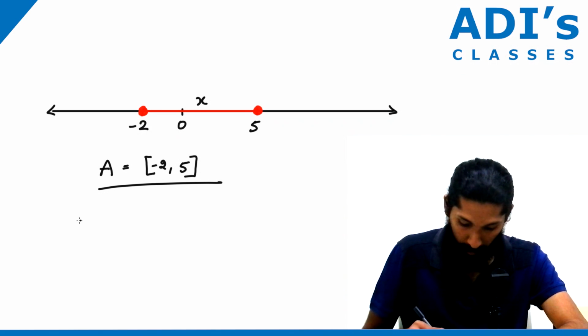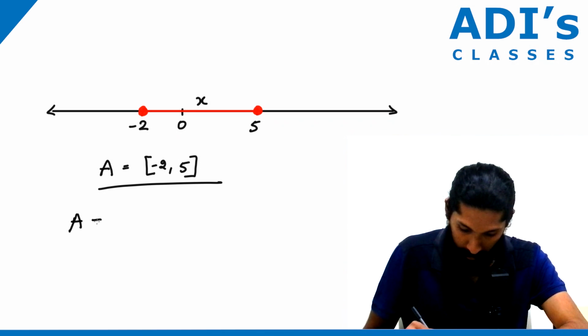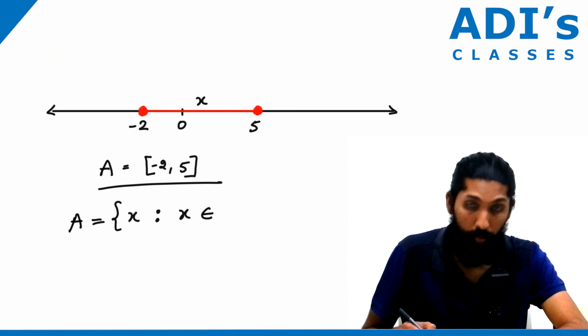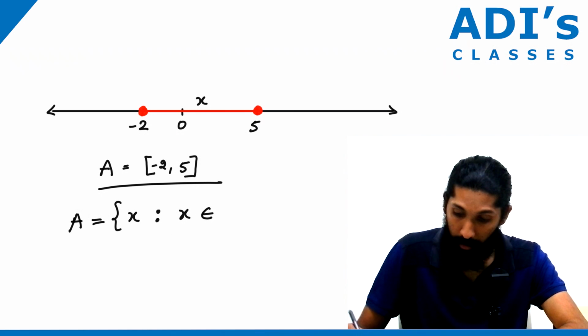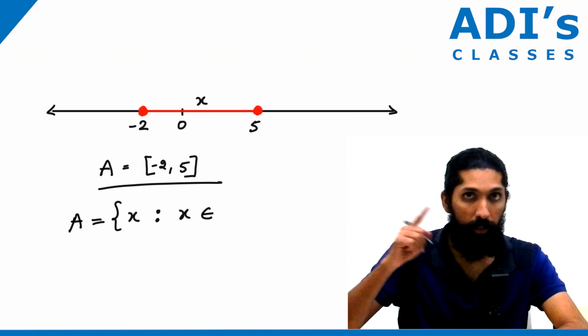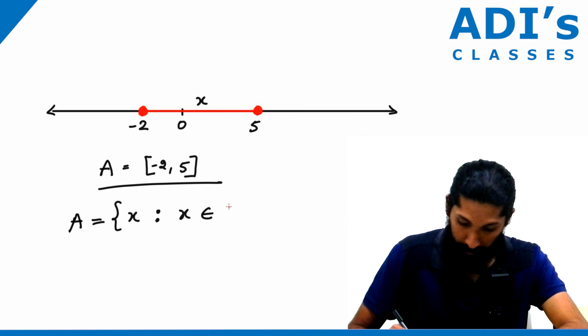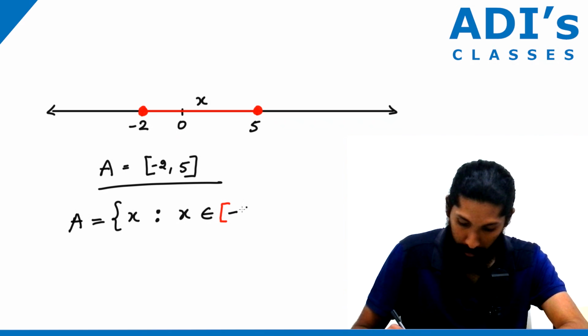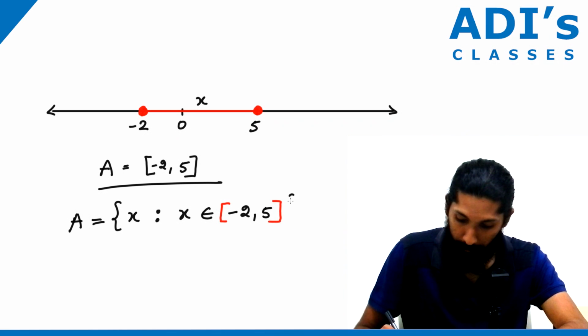So you can write A is equal to x such that x belongs to, that symbol is belongs to, here both -2 and 5 are included. So we write it this way. See this square bracket, -2 comma 5, and again we close it with a square bracket.